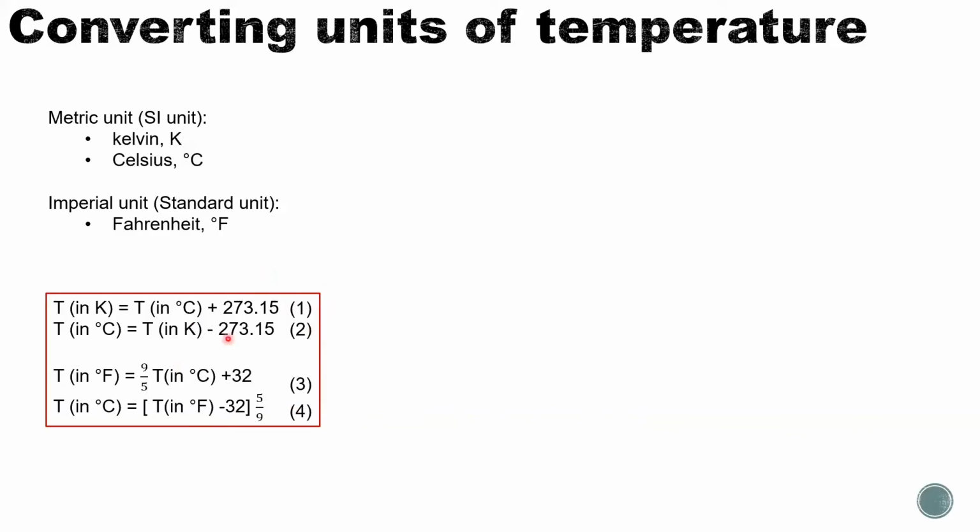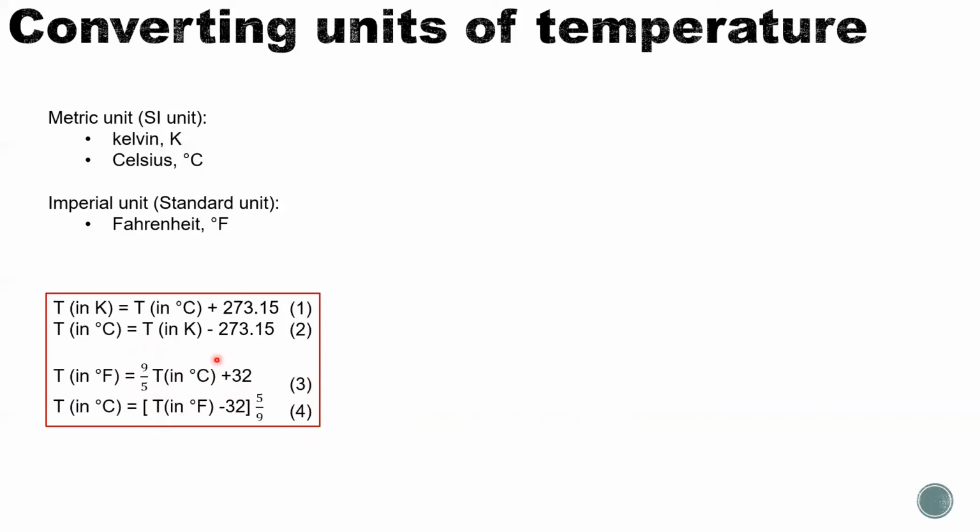related to each other. The first 2 convert units between Kelvin and degrees Celsius. There is a difference of 273.15 in the value, but the difference between 1 degree Celsius and 1 Kelvin is the same. However, if you want to convert between degrees Celsius and Fahrenheit, you have to use this 9/5 prefactor and then plus 32, and vice versa.